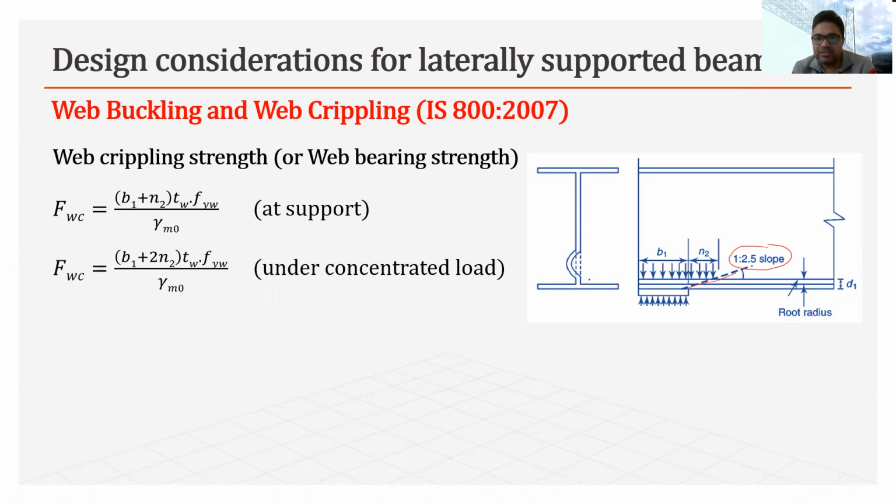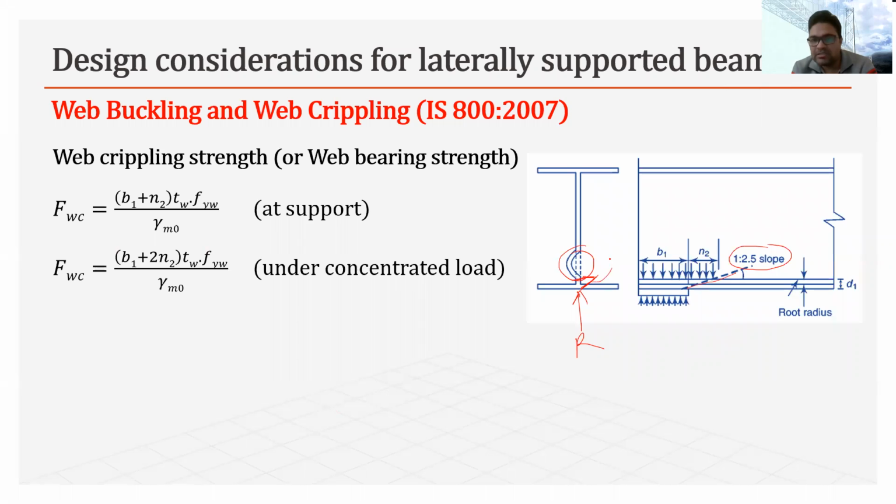So in that case, if it is the reaction, just above the reaction, the web is crippling. Now the web starts crippling just at this point, so the load is dispersing at this angle up to this point.